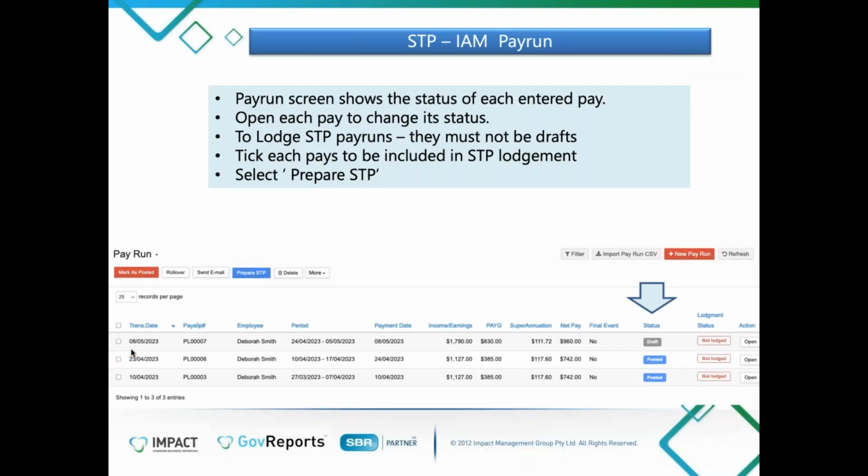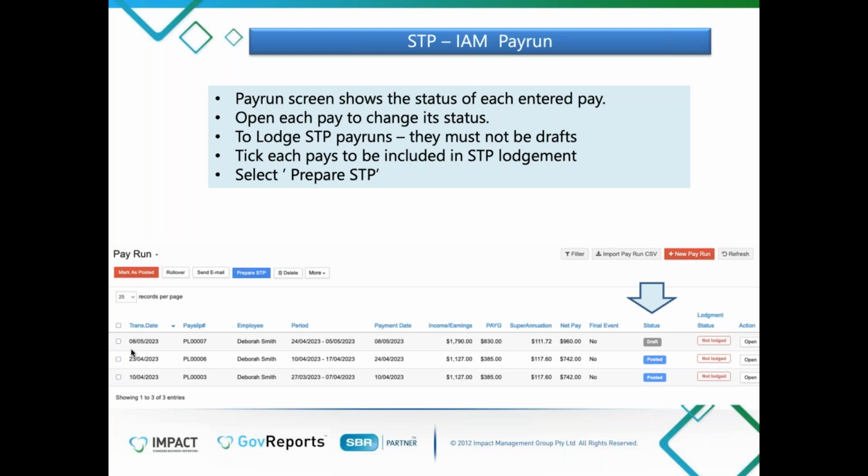One of the important things to know though is that if it's a draft, you can't send it through to the ATO, but I'm sure you're used to that with GovReports, where we can save documents as a draft, or we can save them to be sent for signatures, those sorts of things. And then of course, when we're finalized with it, in this instance, we mark it as posted.